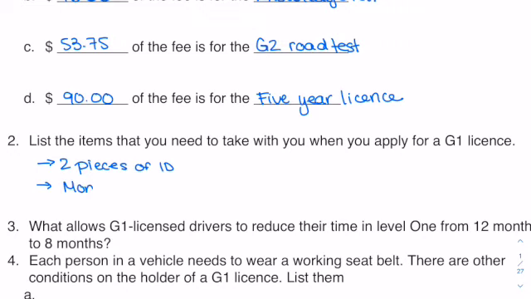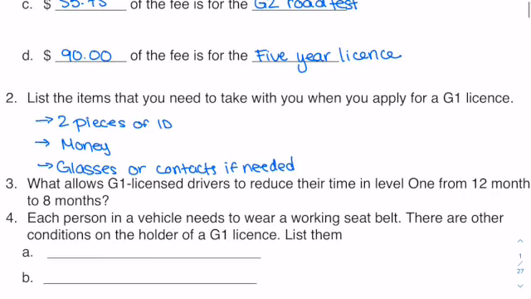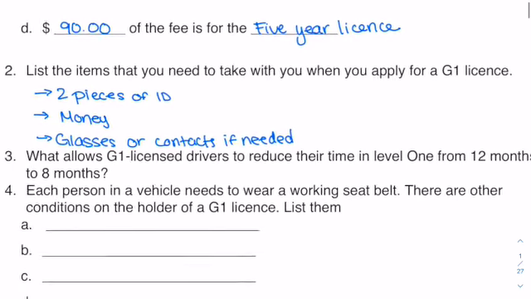You need to bring the money to be able to pay for the test and the license. And if you wear glasses, you need to bring your glasses or your contacts so that you can actually see when you're doing it, and also they need to put it onto your license that you need to wear glasses.